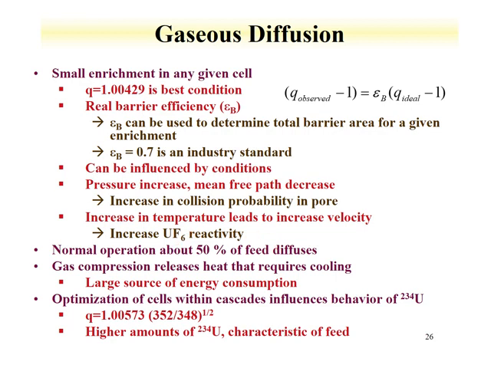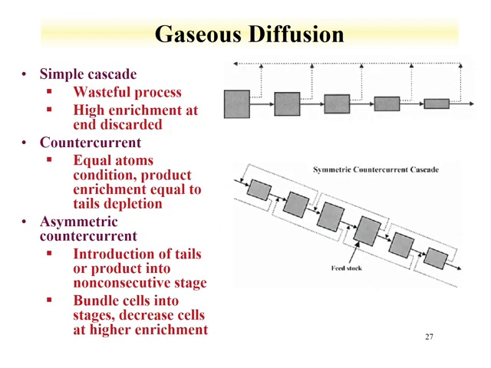In normal operations, about 50% of the feed diffuses, and in order to optimize separation, one has developed cascades. These cascades are linked together and are used in tandem. Here's an example of a cascade. It's a very simple cascade.